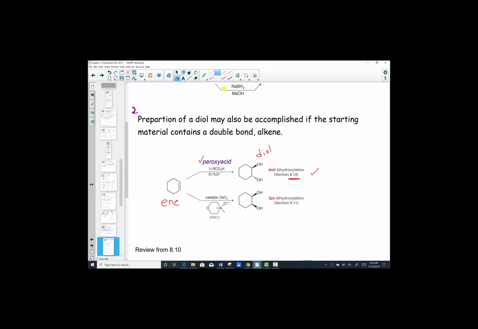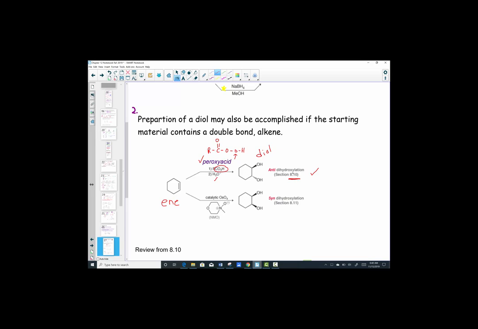A peroxy acid, just to show you that structure, not only has the carbonyl carbon, but it has an oxygen group, and then it has that second oxygen in that formula. So RCO3H followed by an acid source. Go back to section 8.10 and we can go through that.